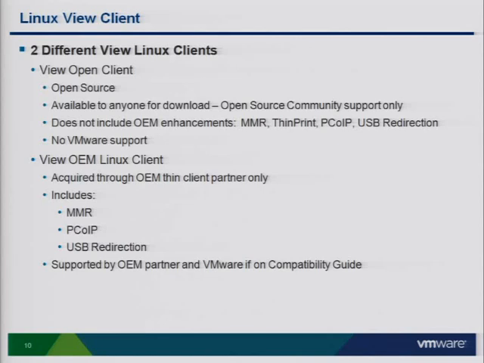The reason is that, in a lot of cases, it's other people's intellectual property. We license PC over IP from Teradici. The MMR stuff we license from Wyse. We can't make that open source and distribute it in an open source client. So if you decide to roll your own Linux client, you will not get this functionality. Does that make sense? Any questions here?